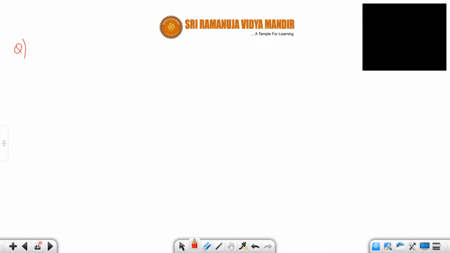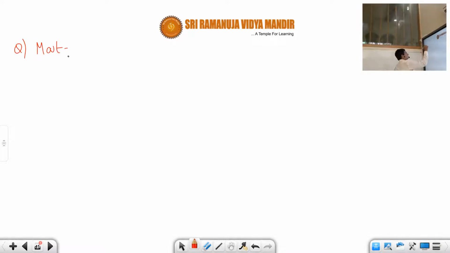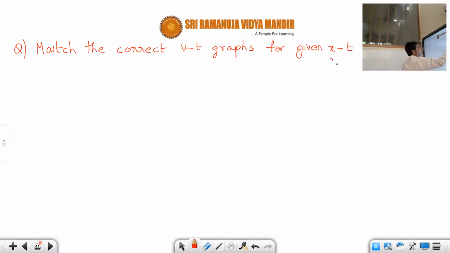The question is to match the correct vt graphs for the given xt graphs. You will be given certain xt graphs and certain vt graphs, and you have to match the corresponding graphs.